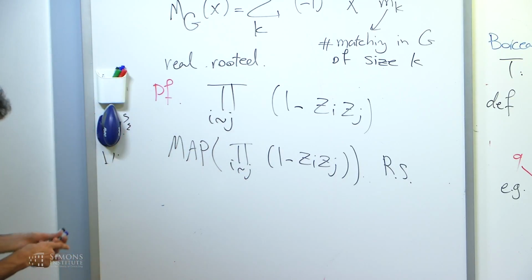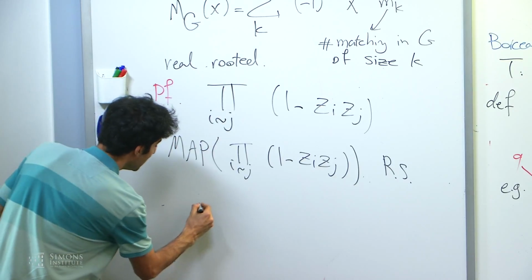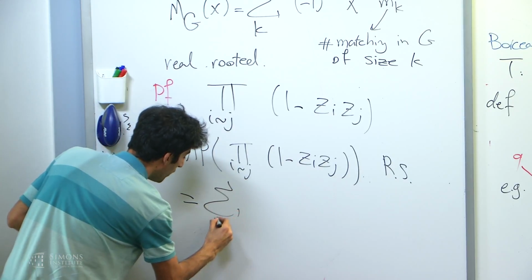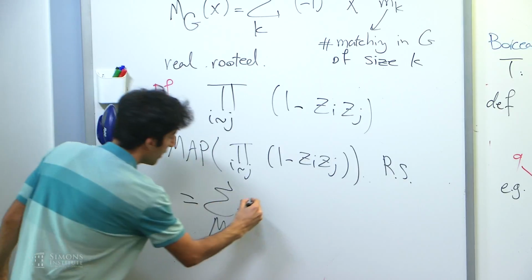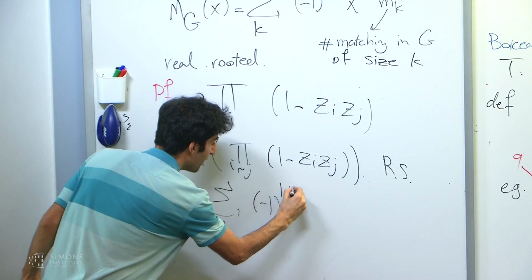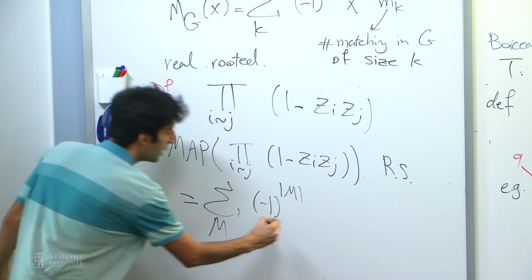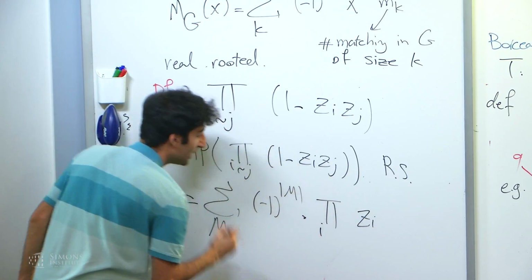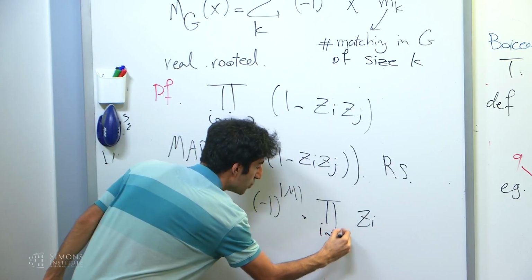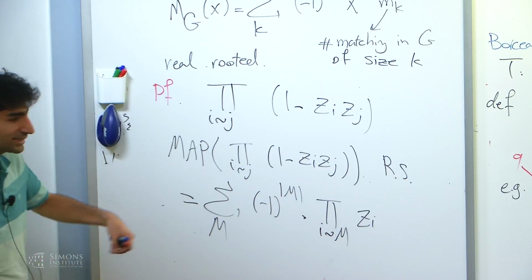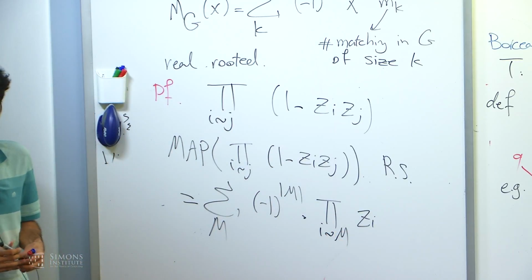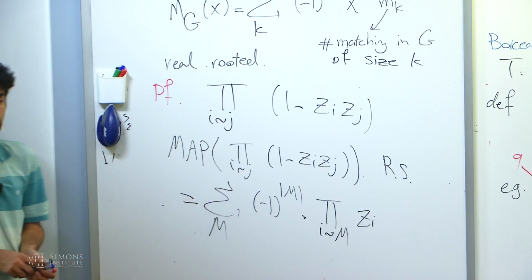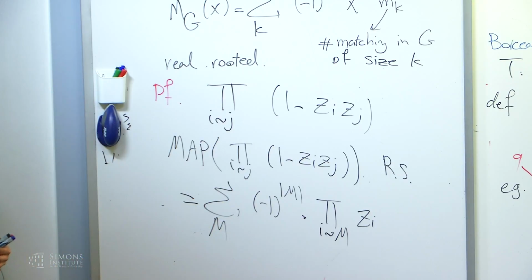So I can say this is exactly equal to the summation over all matchings in my graph of (-1) to the size of the matching, the number of edges in the matching, times the product of z_i for all vertices i which are saturated in the matching, for all vertices i which have an edge in the matching. This is exactly what MAP does.